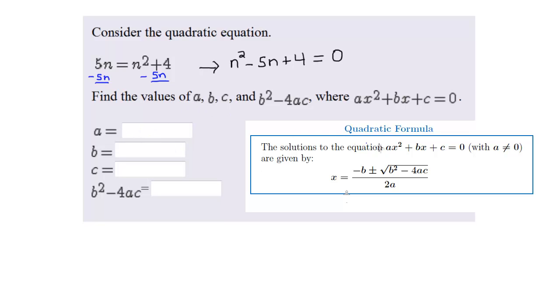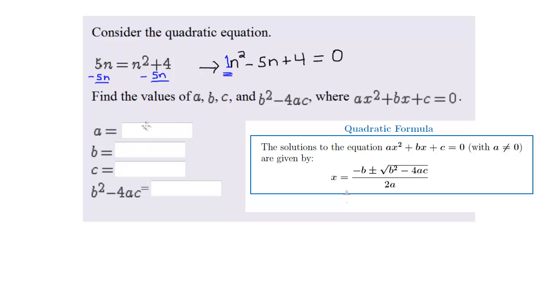Let's start with a. Recall a is the coefficient on x squared. Well, notice our n squared has no coefficient. But technically it does, it's just not written. n squared is equivalent to 1 times n squared.